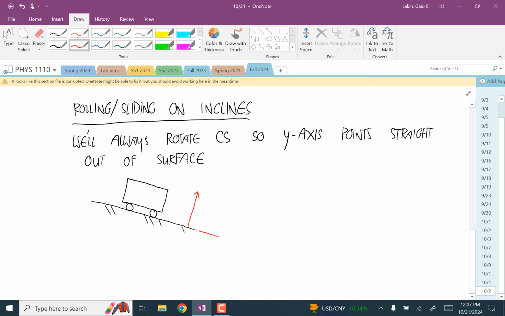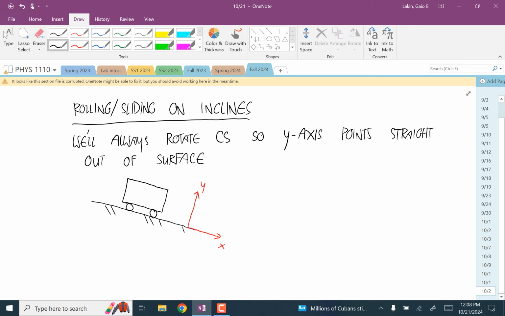And that means that the x-axis has to go like this because these are always rotated versions of the coordinate system we're used to. And so the first question is, why are we going to do this? It seems like a hassle.